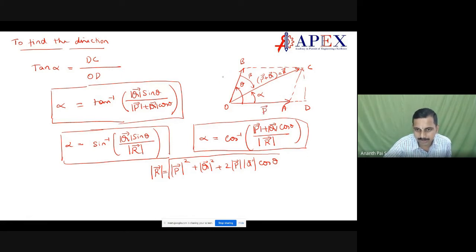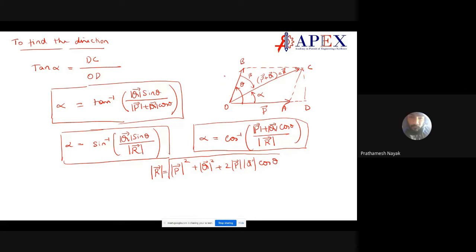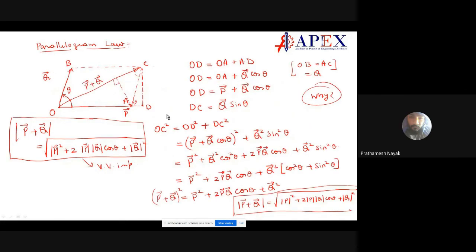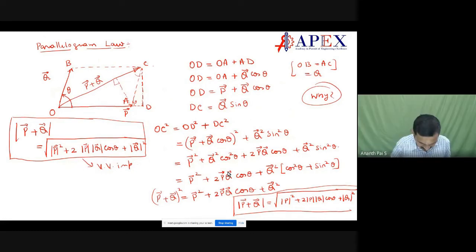Kindly change it, students. Sir, in the previous slides, while deriving for P plus Q cos theta, those P and Q should be magnitude only, right, sir? Exactly. Yes. Everything is magnitude from the starting. We are assuming it, but everything is magnitude only. It is not vector. It's very important. Everything should be magnitude only if you talk strictly.